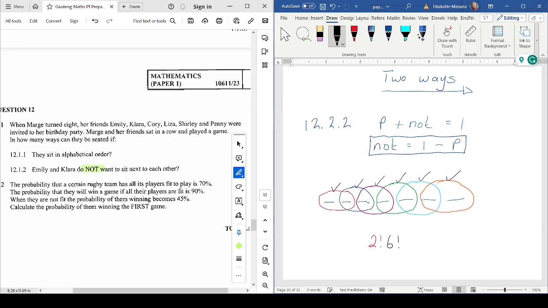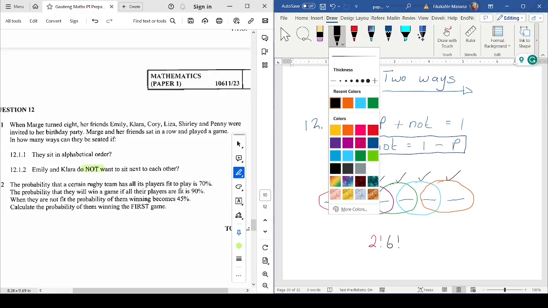So 6 factorial. But remember, it would end here if this was the event. If the question was that Emily and Clara want to sit next to each other, it would end right here. But because of this word not, we're dealing with the complement, which means we need to subtract that probability, because what we just solved is that.